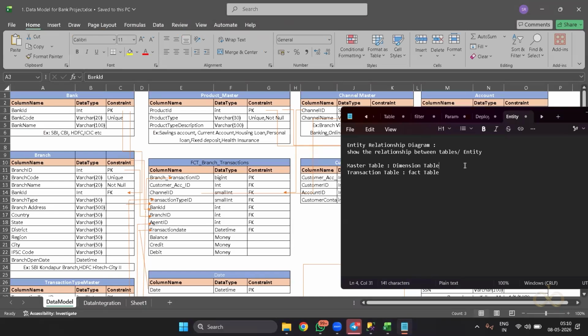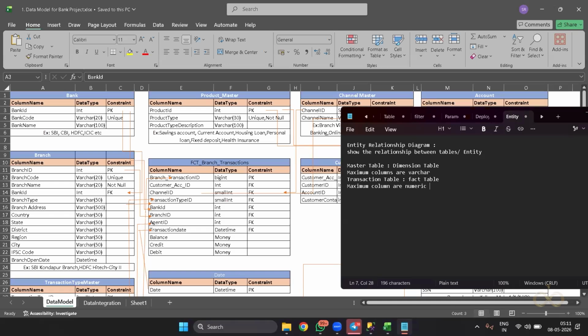In the master table, maximum columns are varchar. Maximum columns are varchar. And in the transaction table, columns are numeric. Clear, everyone?